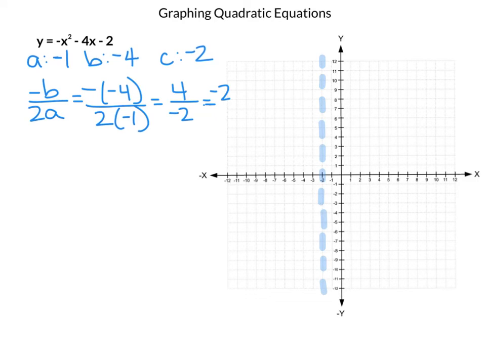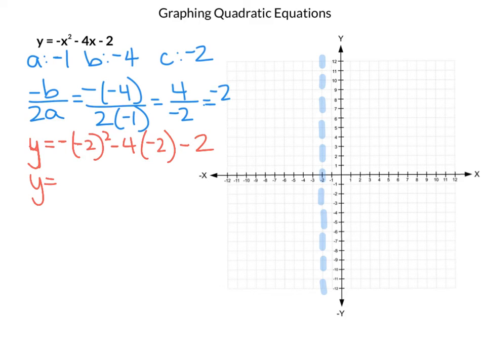All right, so I go back over here, and I say, well, let's figure out what that y value is. So I'm going to take that x and substitute it into my equation. So instead of negative x squared, we're going to have negative 2 squared minus 4 times, substitute that negative 2 in there, and then minus 2. So we have to be very careful with our positives and negatives here. Order of operations says I have to square this number first.